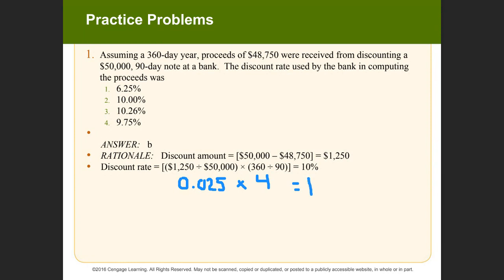And then you're going to move your decimal over. It's 0.1, but then you're going to move your decimal over, and so that's going to give you your 10%. Because 0.1 is 10%.